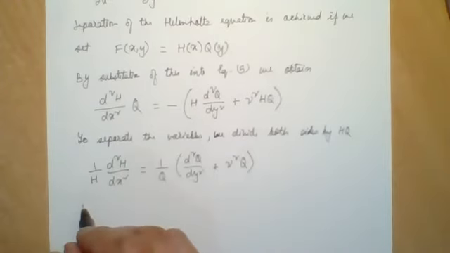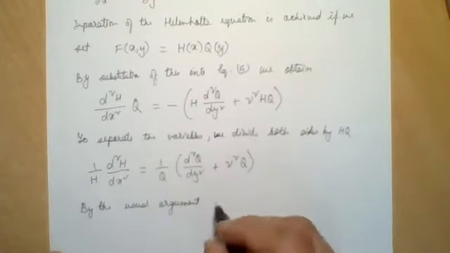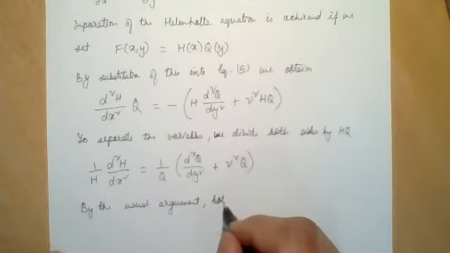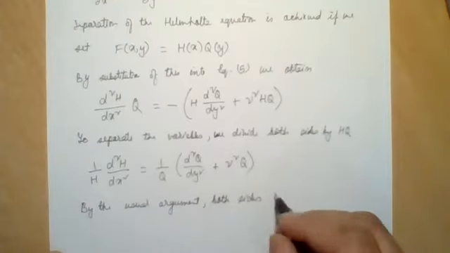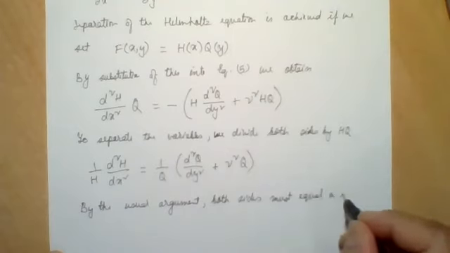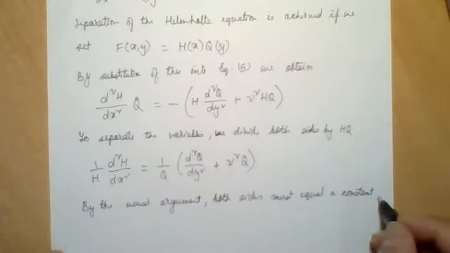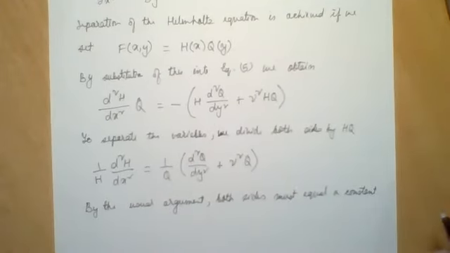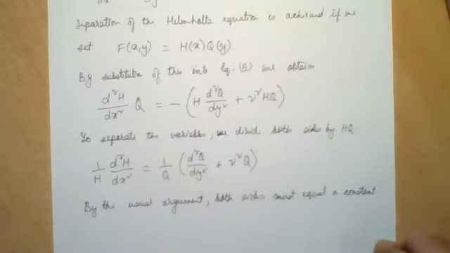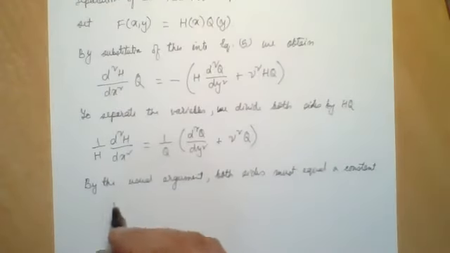So by the usual argument, both sides must equal a constant. Okay. And we can also show that this constant must be negative, because only negative values will lead to solutions that satisfy the boundary condition given by equation number 2 without being identically zero.